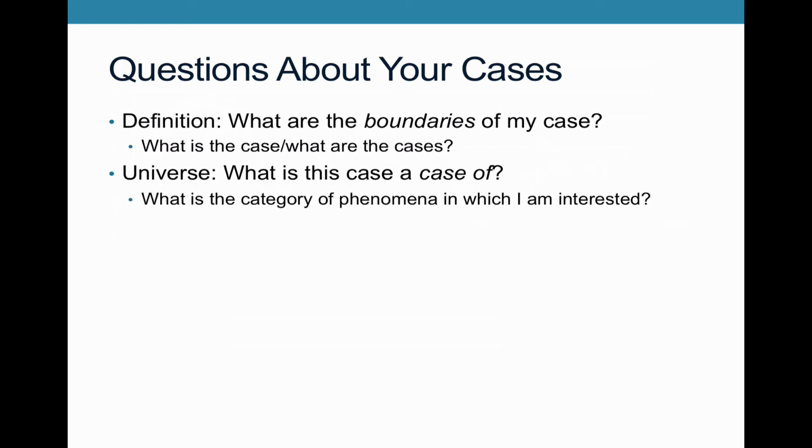And then what is the universe that's underlying your cases? So what is this a case of? What is the larger category of phenomena in which I'm interested? So overall, are you interested in all economic downturns? Are you interested in financial crises? Are you interested in economic calamity that reaches the level of a depression?